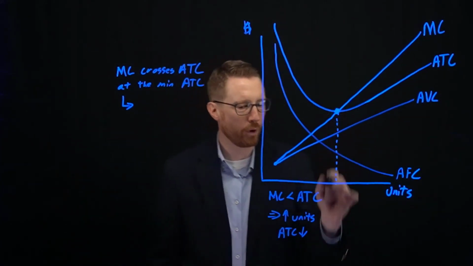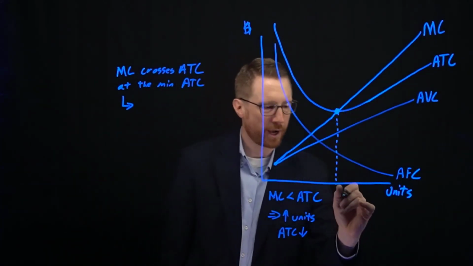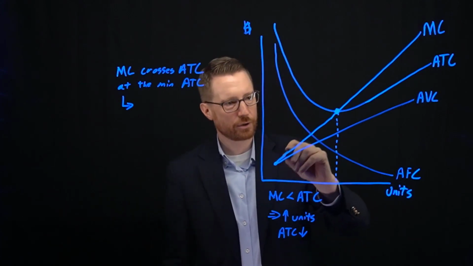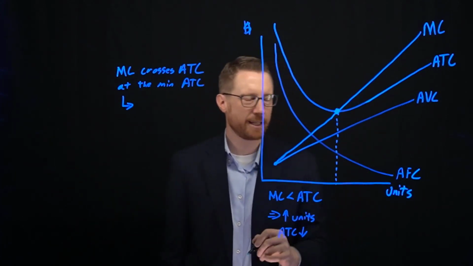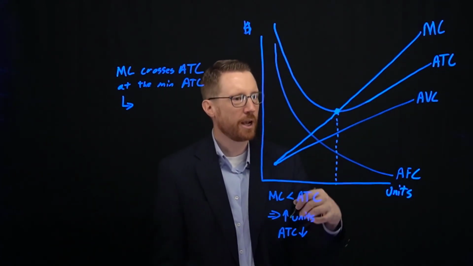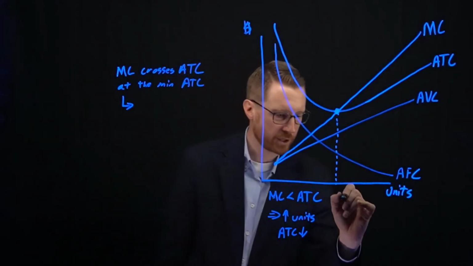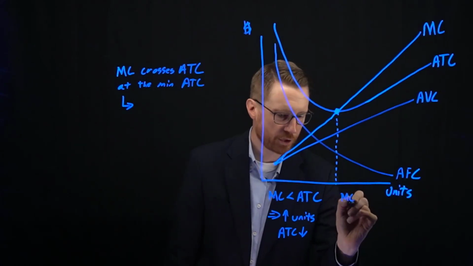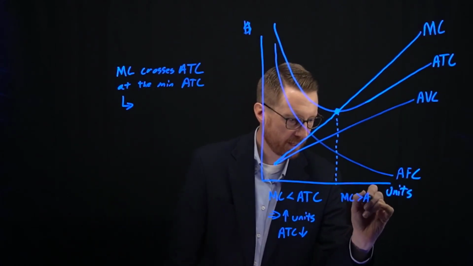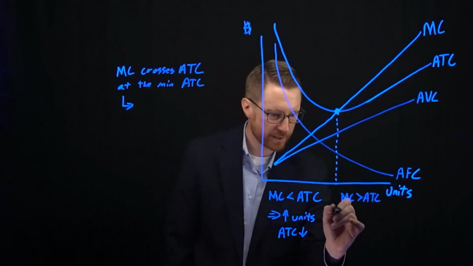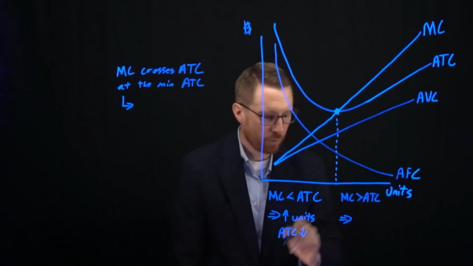But at some point, these two things cross. So now, as marginal cost has been increasing, it's been approaching the average. Eventually, that marginal cost crosses over the average. So now we've got marginal cost greater than our average total cost. So what does that mean?